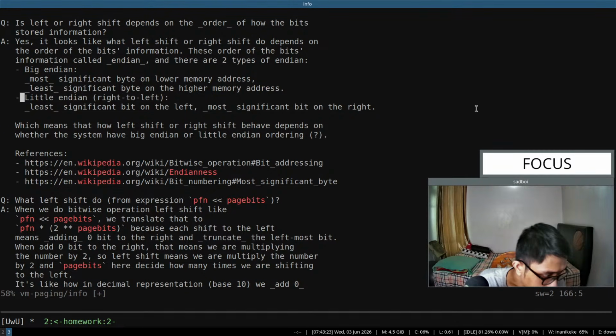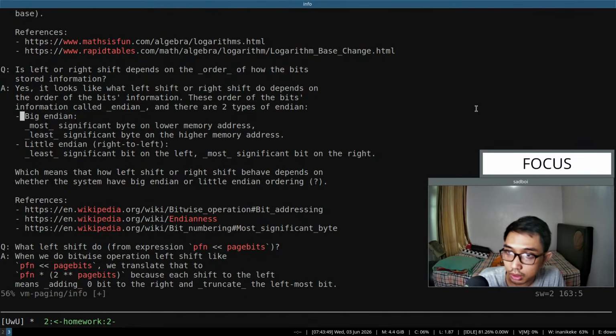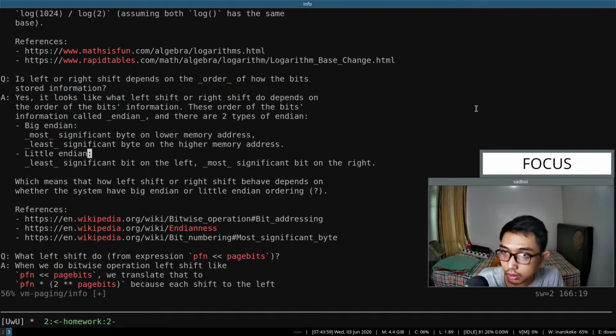Now you have a choice in what order you want to split it to be stored in memory. Now the question is, do big endian and little endian have any effect on the left or right shift? Okay.